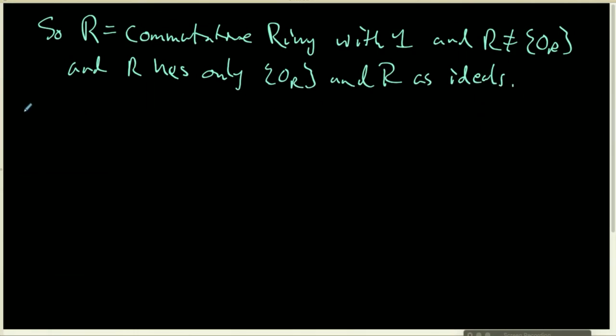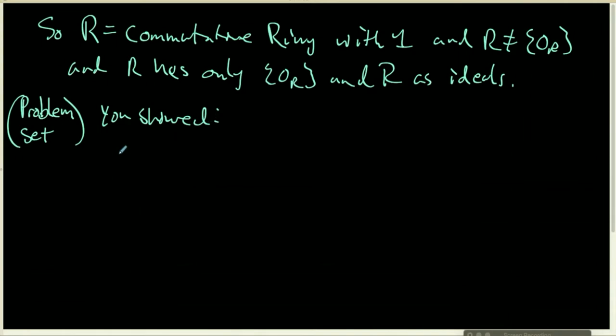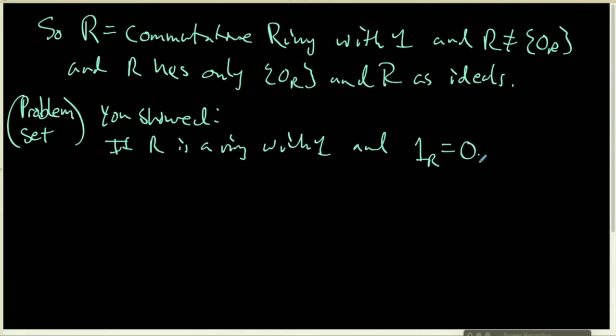Now, I want to remind you of a problem on a problem set that you did earlier in the semester. You showed that if R is a ring with an identity element, and the identity element inside the ring is equal to the zero element of the ring, then the ring has exactly one element. It is the zero ring.